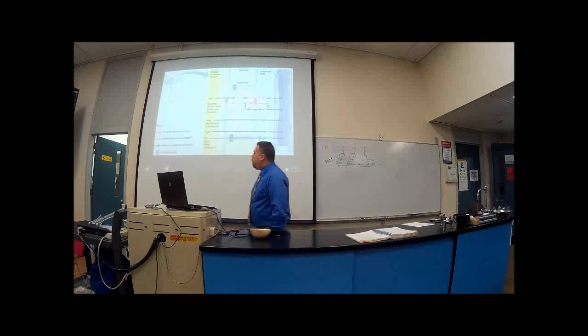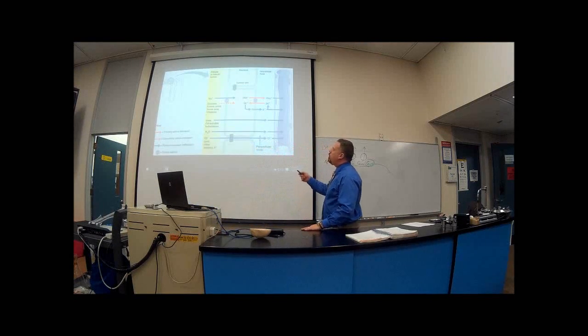So this is just showing a picture. Look at it on your own time. But basically, you got here. Here's the filtrate. So this is the lumen of the tubule. Here's the blood vessel over here. So the peritubular capillary. And they're showing you the cells, and they're showing you how things are coming in. See, as sodium comes in, it's going to drive the glucose amino acids and some ions this way.